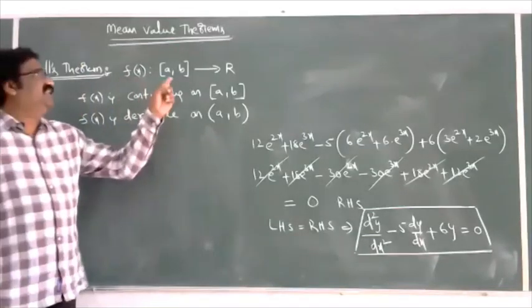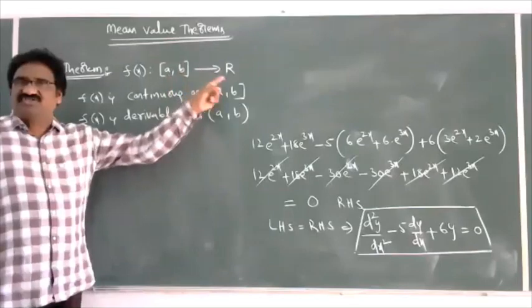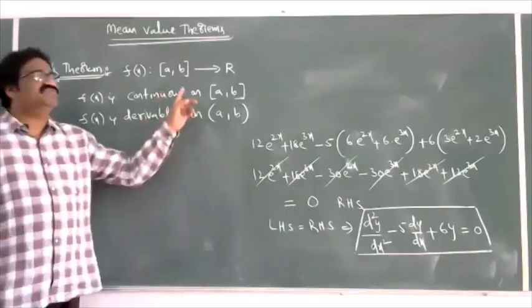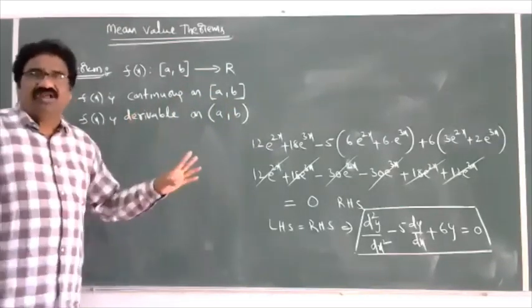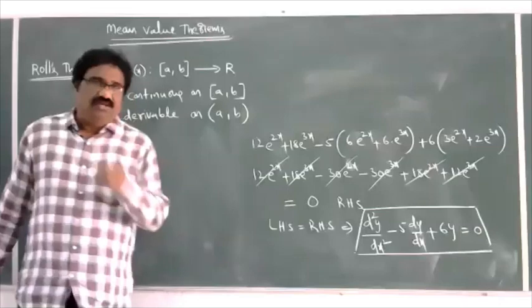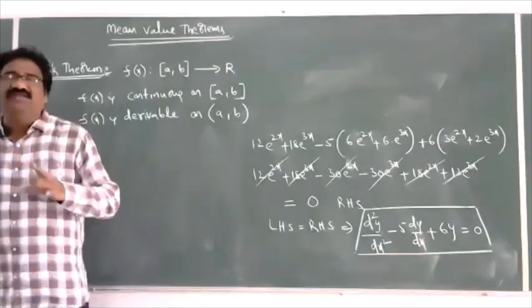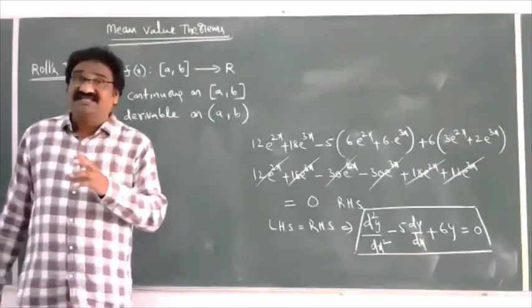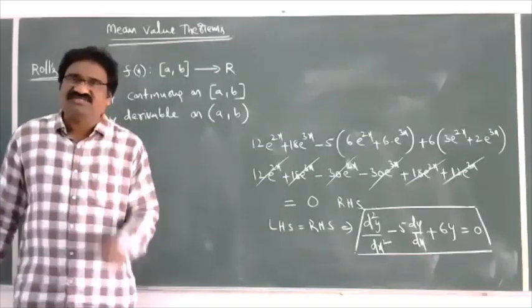f of x is any function defined from closed a comma b to R, real numbers. Then f of x is continuous on closed a comma b, and derivable on open a comma b. You know, every continuous function need not be differentiable, but every differentiable function is continuous. I discussed it with the theorems before the first exercise.